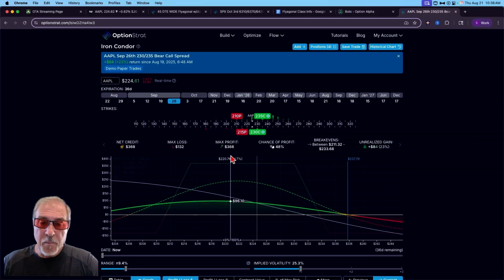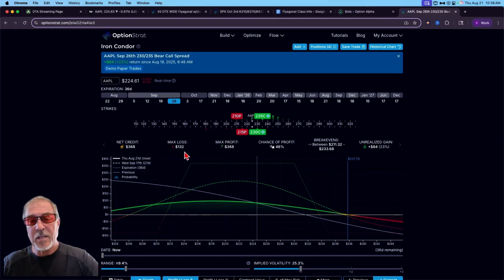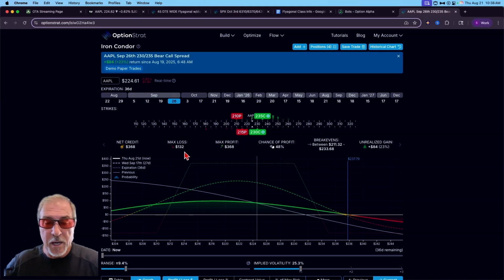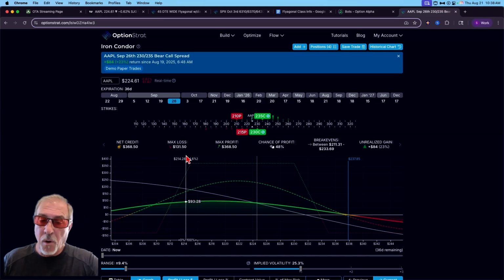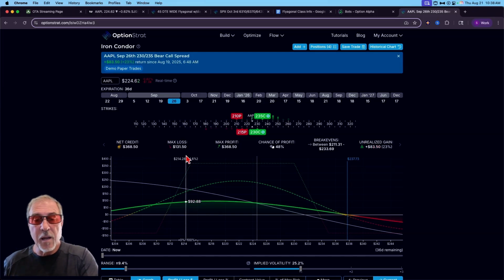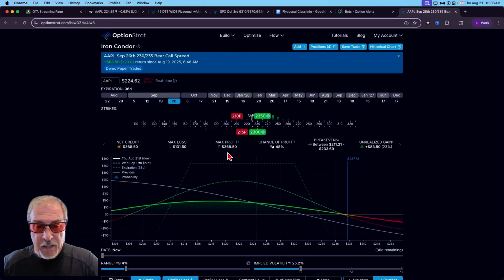So that dropped my max loss to 132. So it basically gave this trade a much greater reward to risk ratio. Now my reward or max profit is 368. My max loss is 131. So in both cases, this trade improved by the fact that I ended up adding that additional spread.